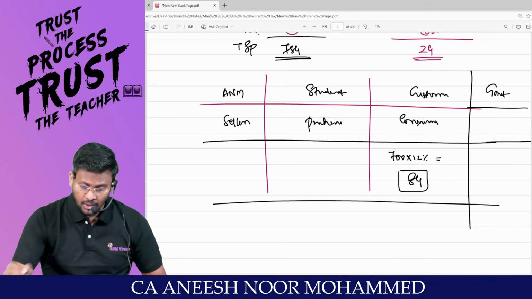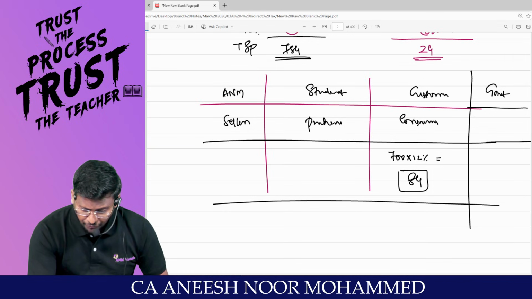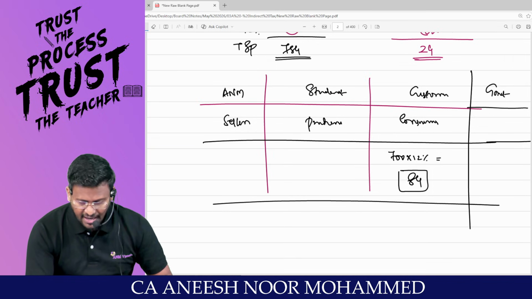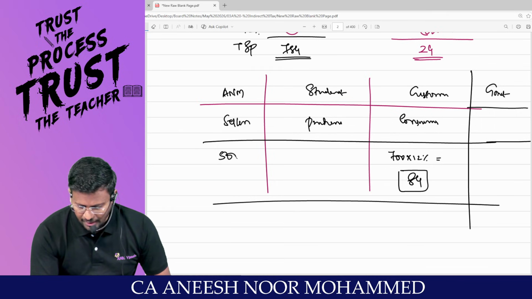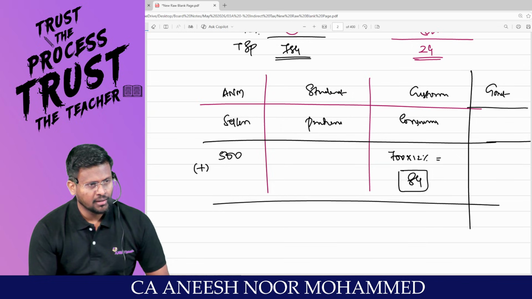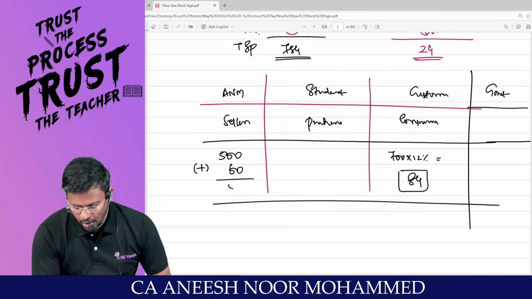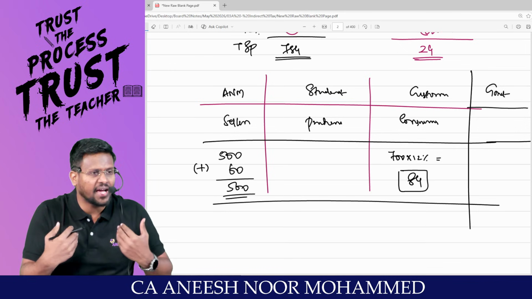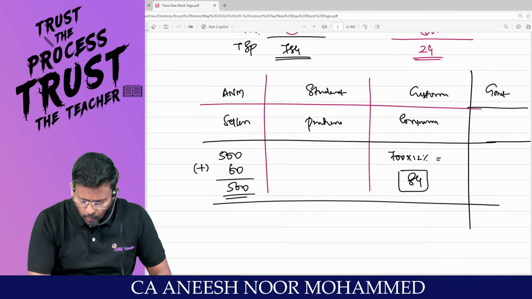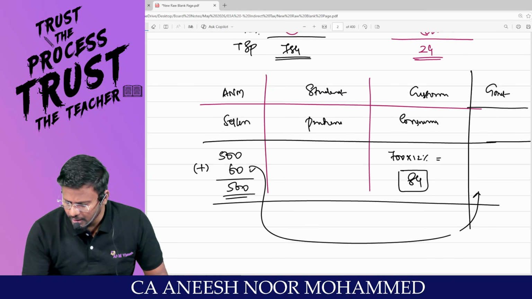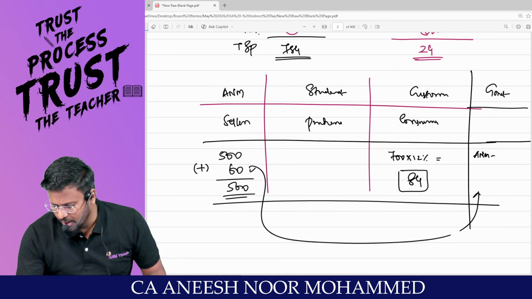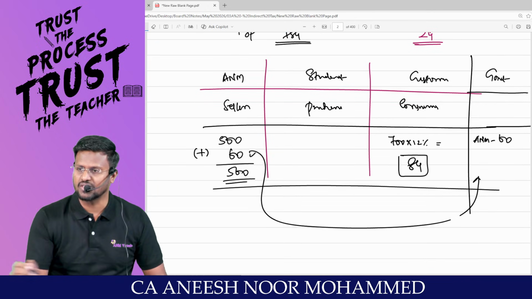Am I right? Sir, at the time of selling the goods, I have collected 500 plus GST of 60, total 560. Think from my angle, I am ANM. What would I have done with this 60? I would have paid it to the government. So from ANM, the government would have got 60 rupees.